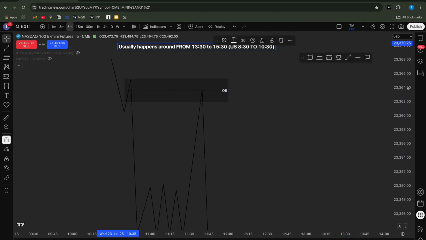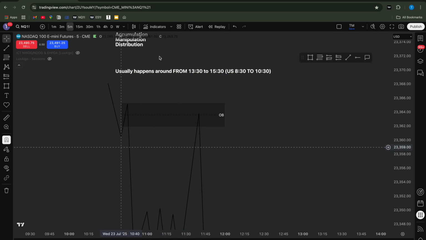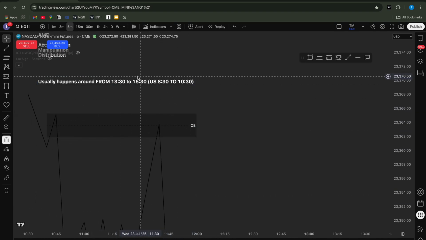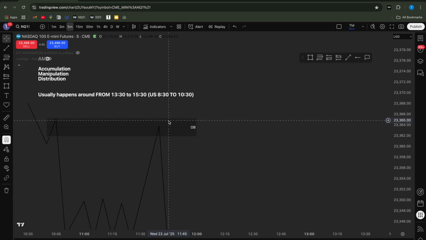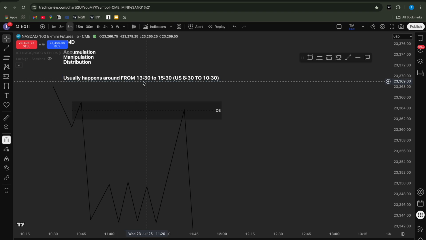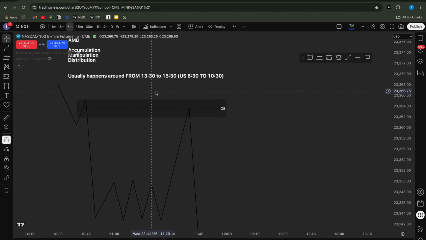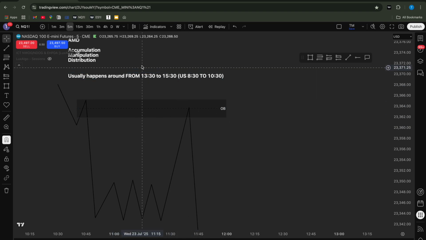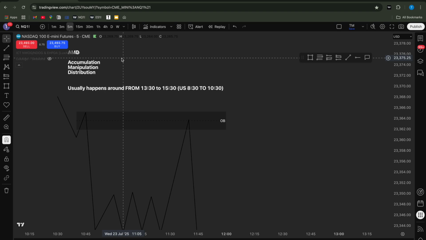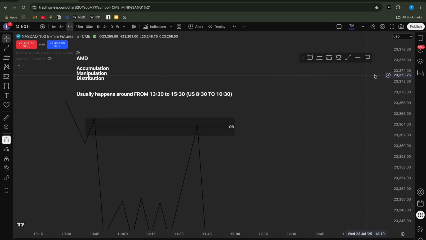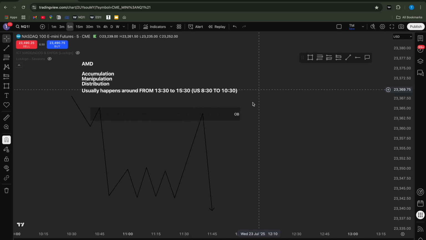Yeah, that's on NQ, but AMD on most pairs does happen in between these time periods, but it can happen out of them. But for higher probability, keep it within this pre-market to New York. You'll hear a lot of people saying 10 a.m. power of 3. This AMD is also referred to as the power of 3 because accumulation, manipulation, distribution. You'll hear a lot of people referring to it as that, but it means the same thing.